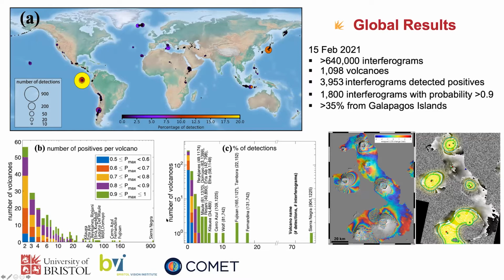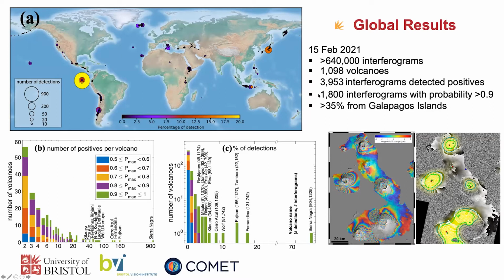This also has the histogram that I put here, where you can see that most of the volcanoes detected as positive are from the Sierra Negra, which is a really big detection here.